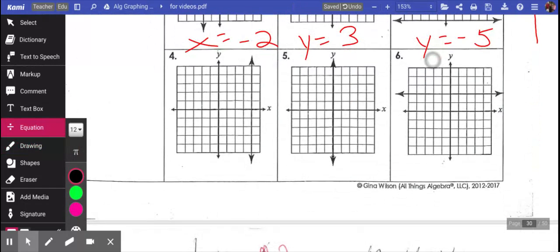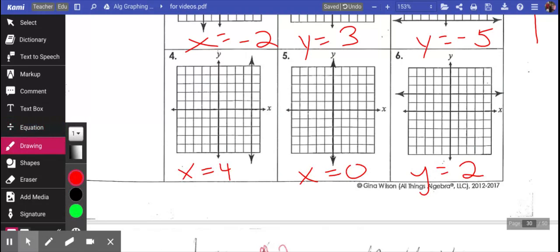So pretty easy. You go ahead and do the next 3, and then pause and come back. Okay, you can see the answers there. If you couldn't find the line on number 5, it was on the axis. That's probably why you couldn't see it.